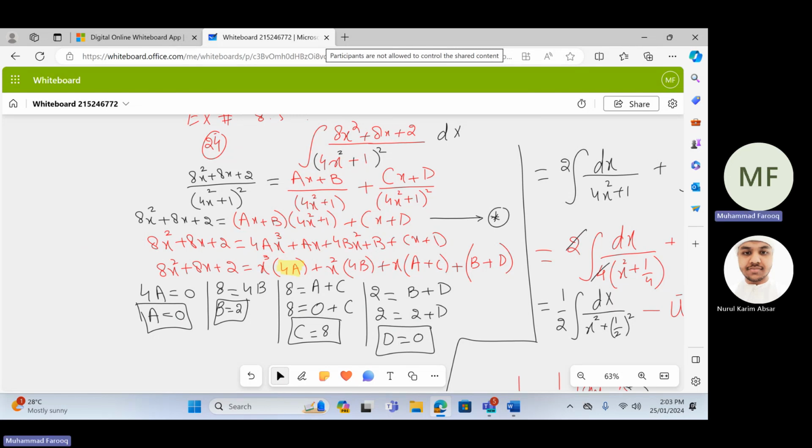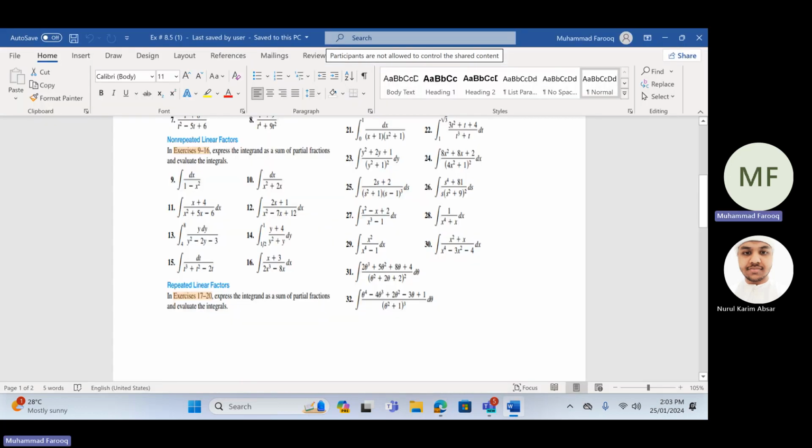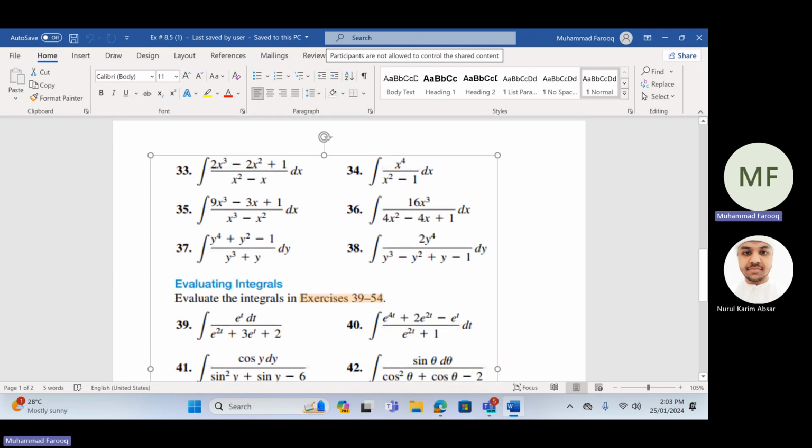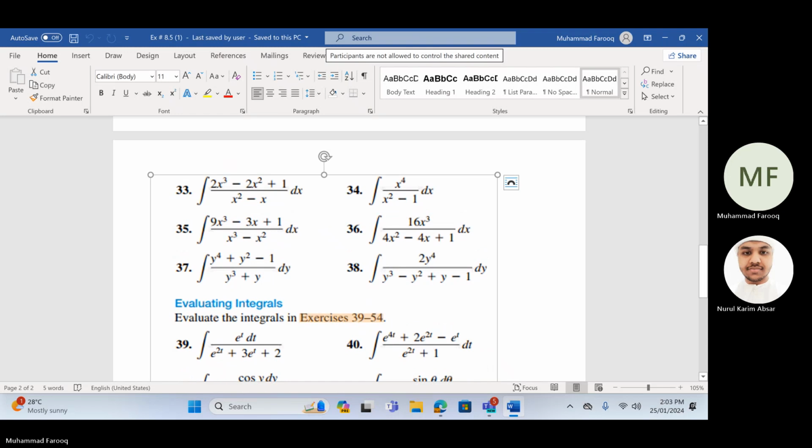Okay, good. Now let's take one question which is related to long division, then we start with arrangement 8 as well. I will answer one question, then you can do this from your side. So we can start with 36, for example.